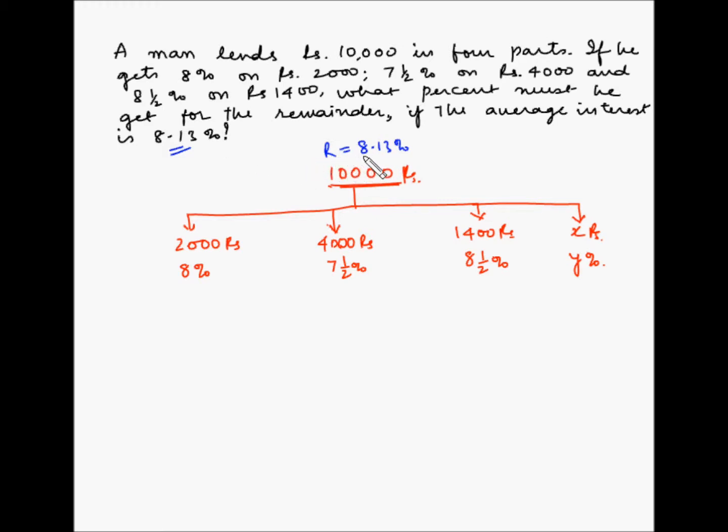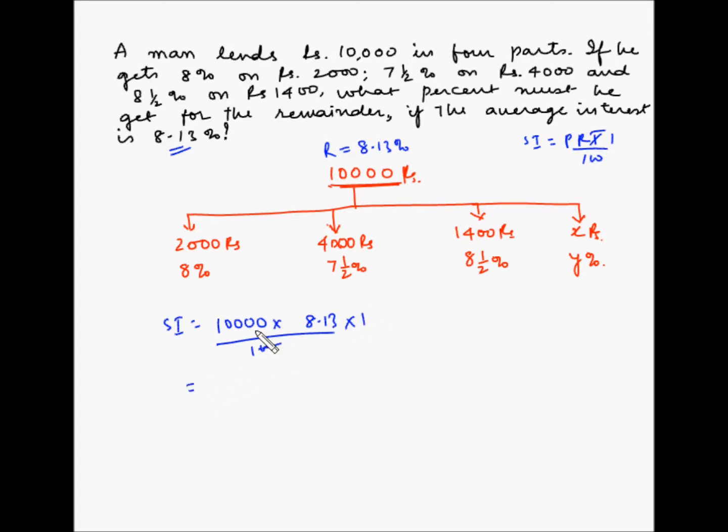So overall interest is 8.13% of 10,000 rupees, because this is expressed in terms of 1 year. Simple interest would be equal to PRT by 100, but this T is 1. So here simple interest is equal to principal, which is 10,000, multiplied by the rate, which is 8.13, divided by 100. Of course you would multiply by 1 because this is the time frame.